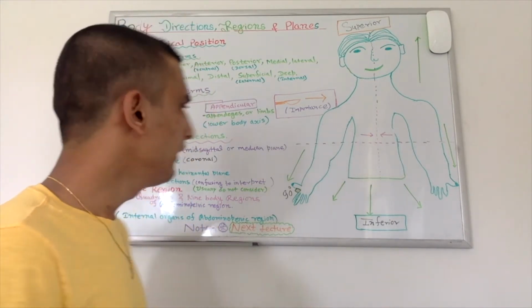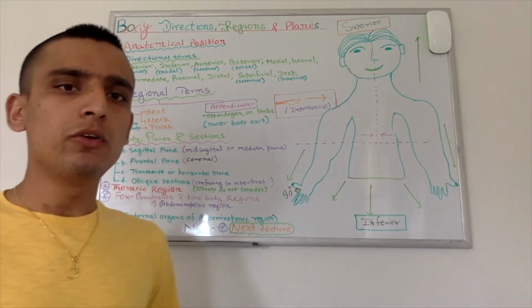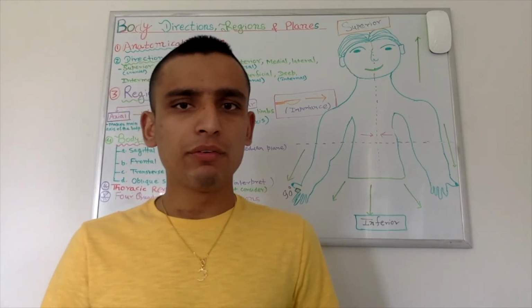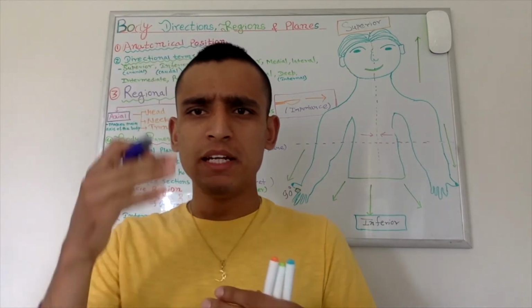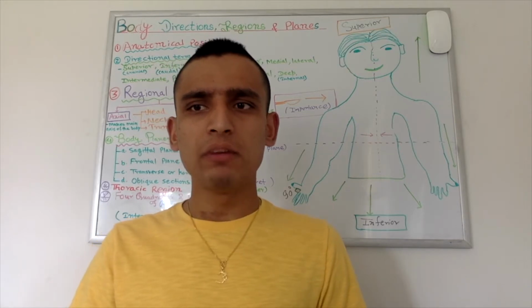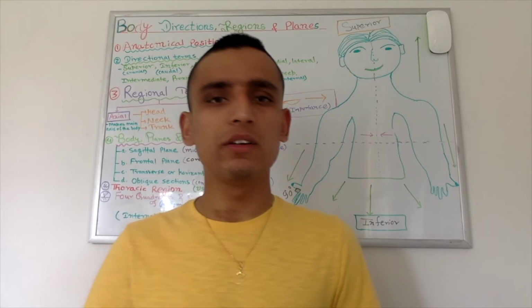Now the frontal plane. What do we mean by frontal plane? It is also called the coronal plane. It divides the body into posterior and anterior halves. What does that mean?